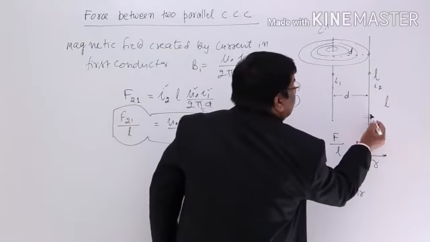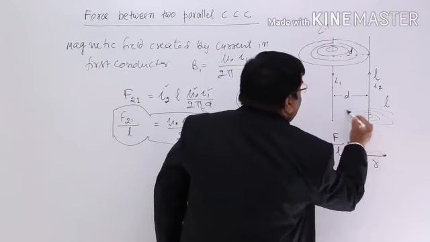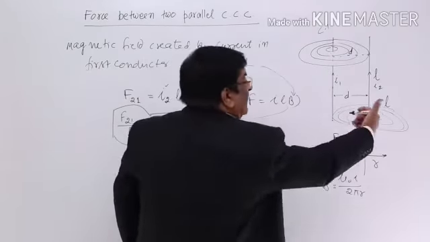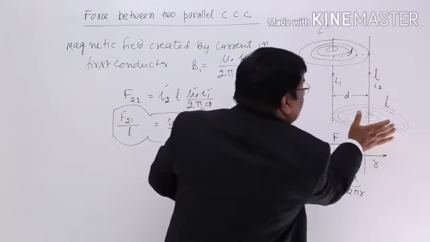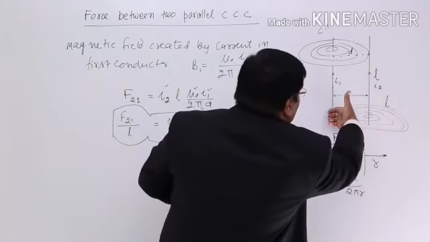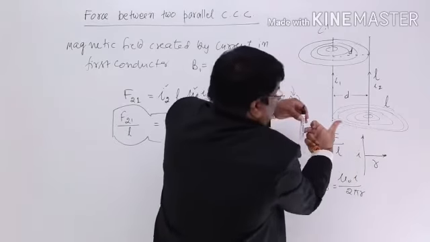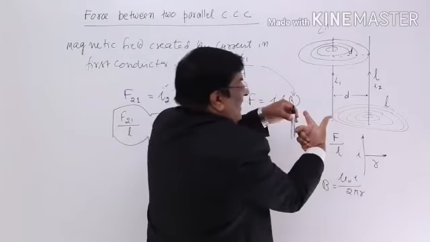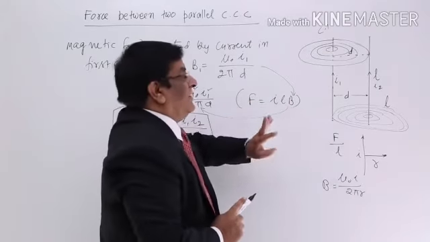This conductor creates a magnetic field this way, and it comes out from here, at right angle to the current, so sine 90 is equal to 1.